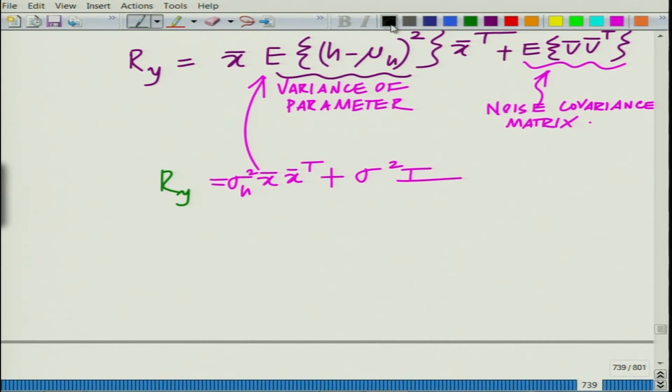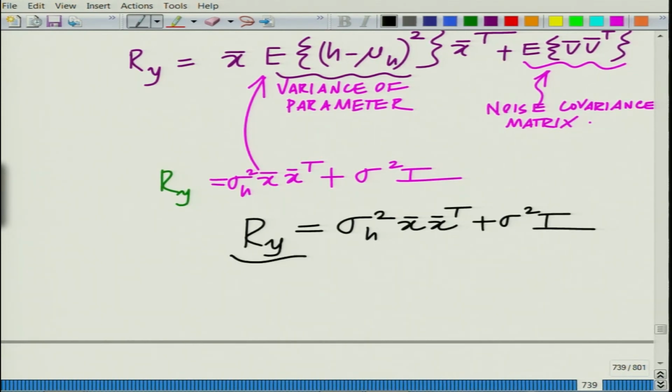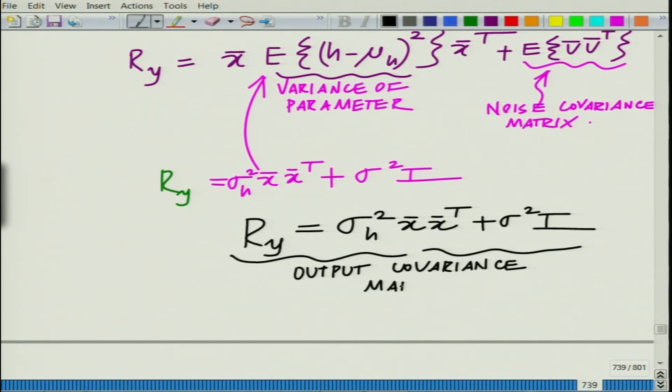Let me write this again clearly: R_y equals sigma_h square x bar x bar transpose plus sigma square times identity. This is your output covariance matrix. This is one of the important quantities that we are going to use to learn the parameter h. So that is R_y.